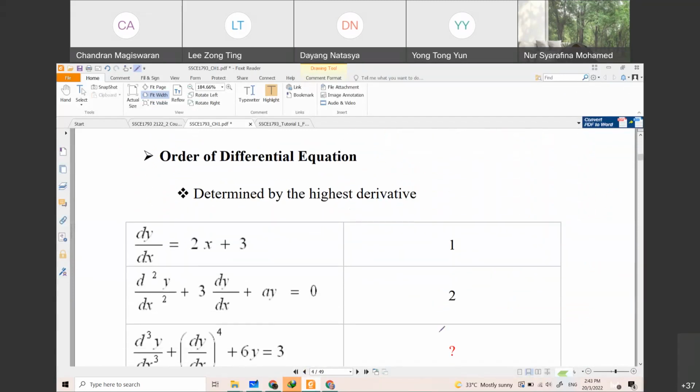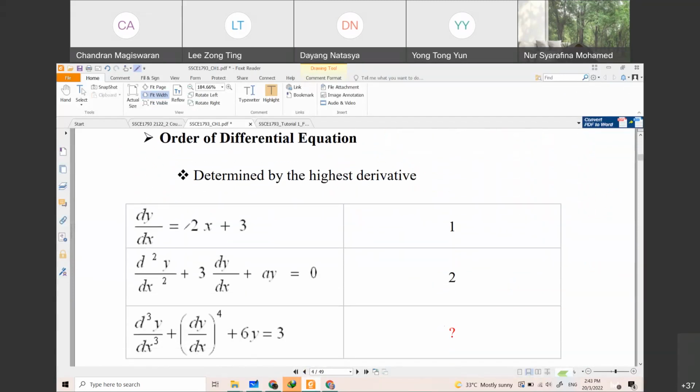As you can see here, dy/dx is the only derivative, so the highest derivative is dy/dx, which consists of only one d. dy/dx means differentiate y with respect to x once. So only one. Yes, this is first order.